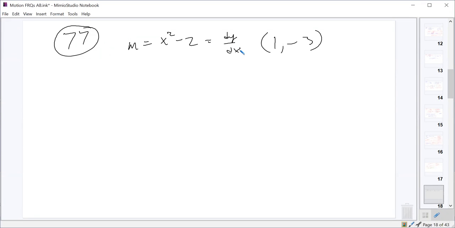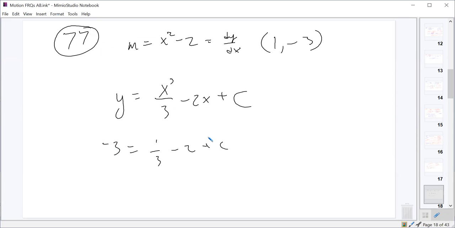So to find the function, we integrate. It should be x cubed over 3 minus 2x plus some constant. And then we'll plug in 1 for x and negative 3 for y. So it looks like, what does that give us? This is 1/3 minus 2, which should be negative 5/3.